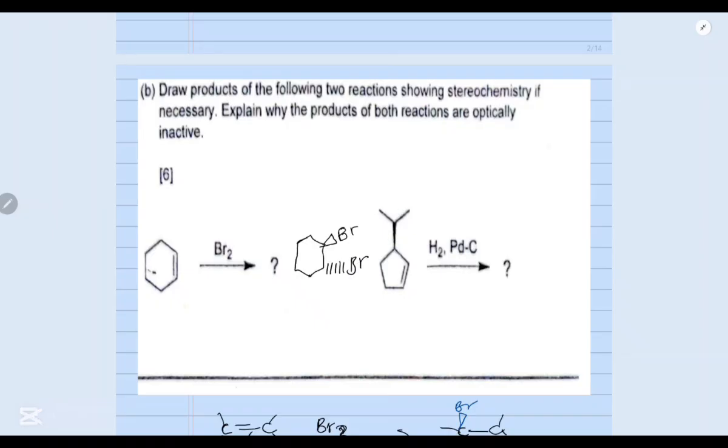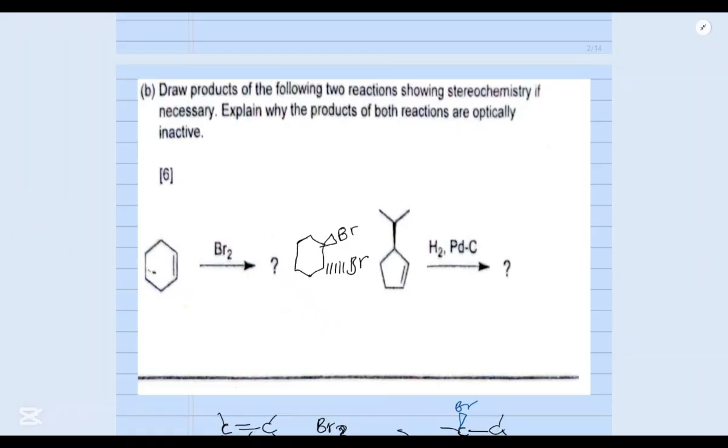So this is the answer. But again, the question is asking why this product is optically inactive.